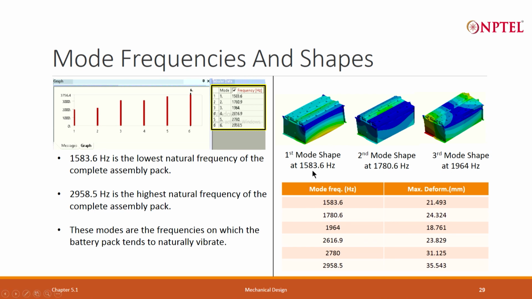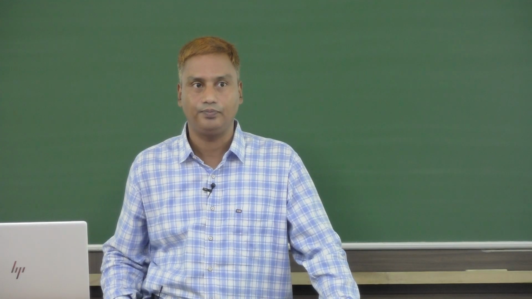First mode shape at 1583.6 hertz, second mode shape at 1780.6 hertz, third mode shape at 1964 hertz. And you see the corresponding deformation we have also found out. But this is not at the base plate only, it could be for anything. However, my criterion is only 30 hertz to 150 hertz, I am going beyond my criterion.